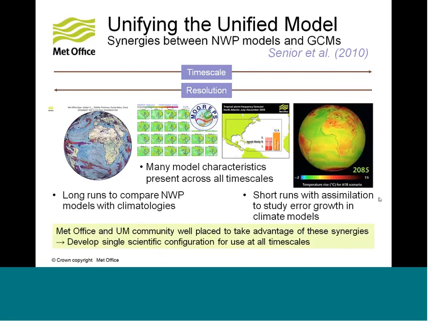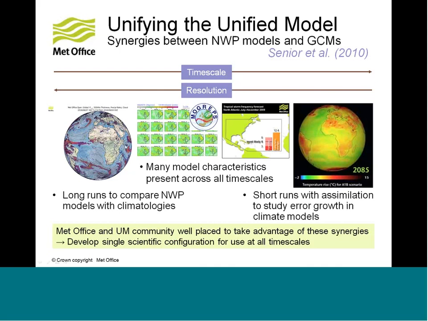So the Met Office is obviously well placed to take advantage of these synergies, because we already produce and have systems that produce forecasts and projections across all of these timescales. And for a long time, this is something that we've been taking advantage of by having a dynamics team and physics development teams that try to produce their parameterizations and their outputs for use on all of these systems.